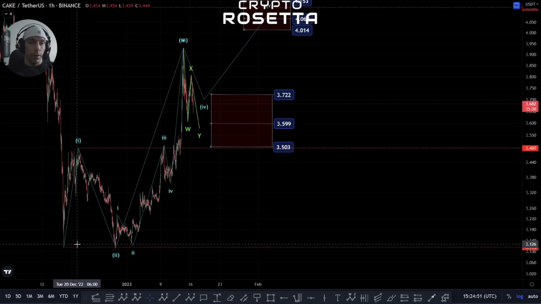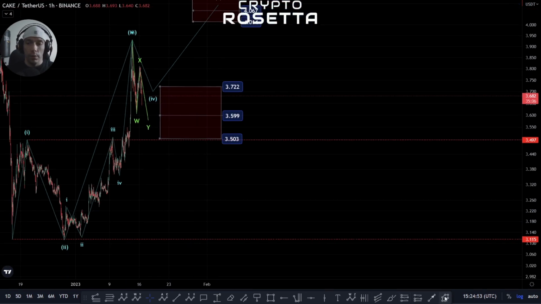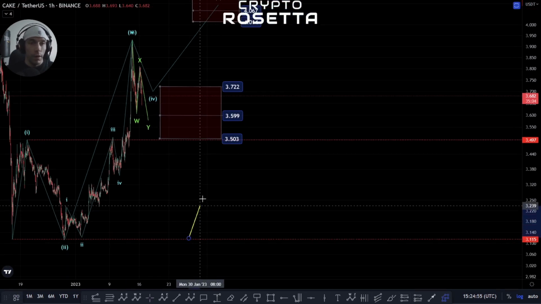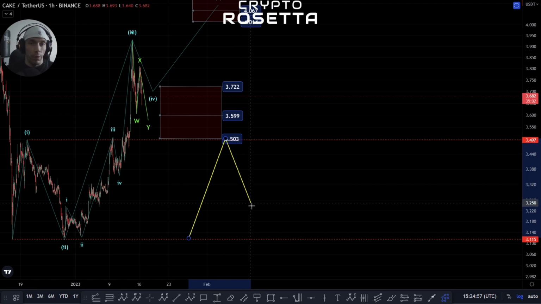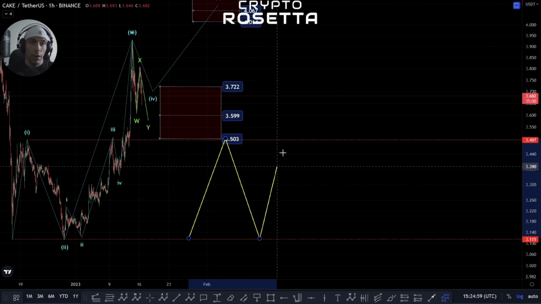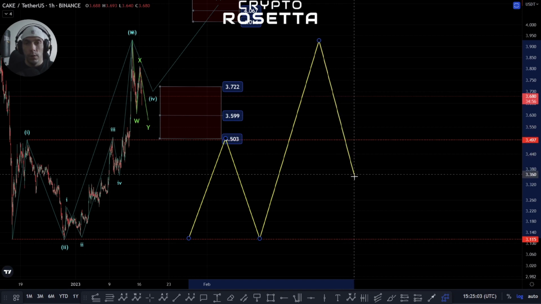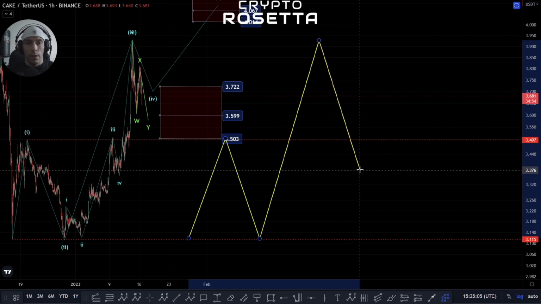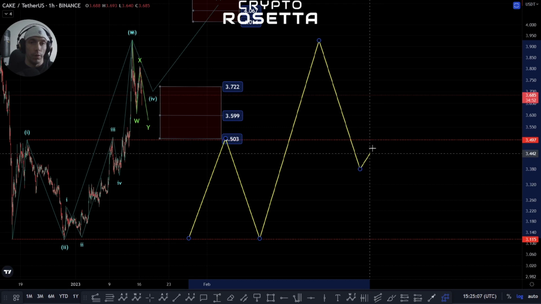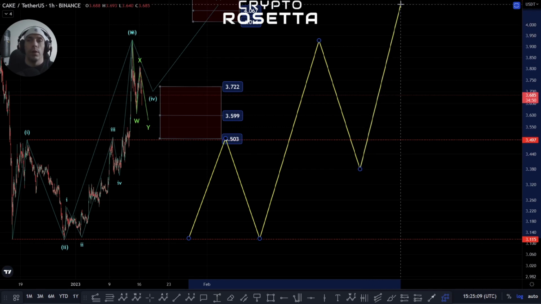What do I mean by that? What we could have instead is that this becomes a wave 1, this is a 2, this becomes a wave 1, this is then a 2. So if we retrace back down past this, then we look for that wave 3 to play out.